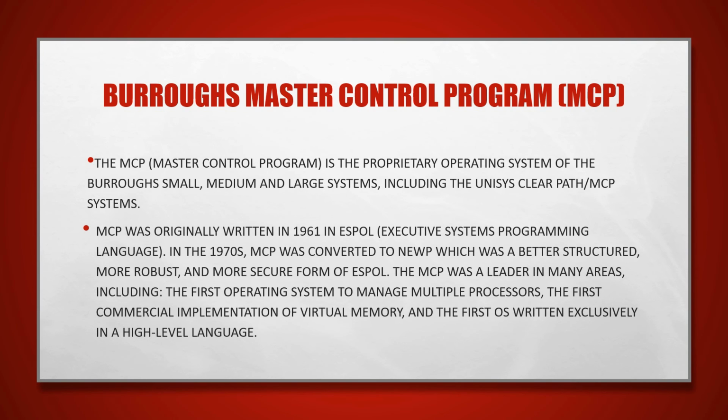In the 1970s, MCP was converted to NEWP, which was a better structured, more robust, more secure form of ESPOL. The MCP was a leader in many areas, including the first operating system to manage multiple processors, the first commercial implementation of virtual memory, and the first OS written exclusively in a high-level language.